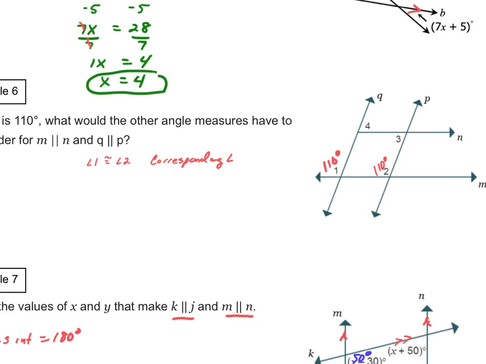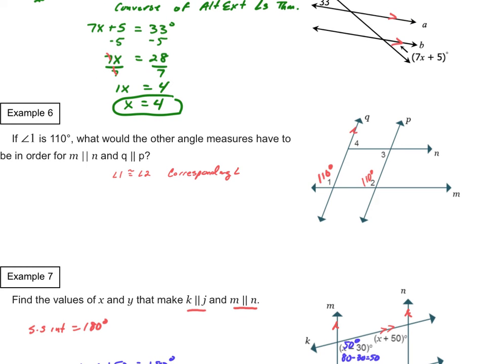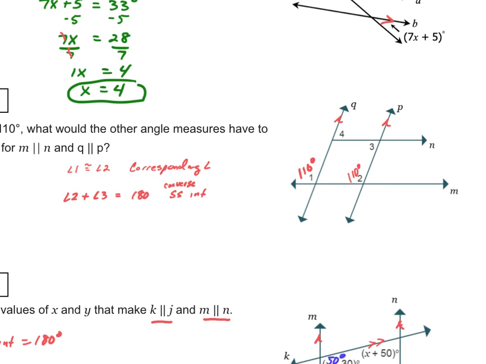Now, if angle 2 plus angle 3 equals 180 degrees because of the same side interior angles theorem, or the converse, then M and N would be parallel.